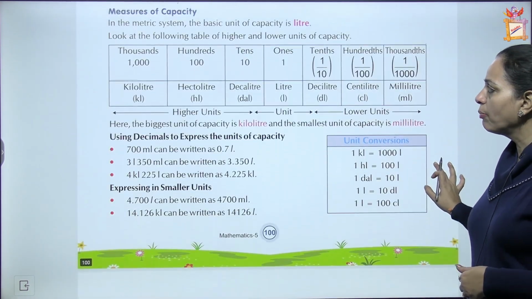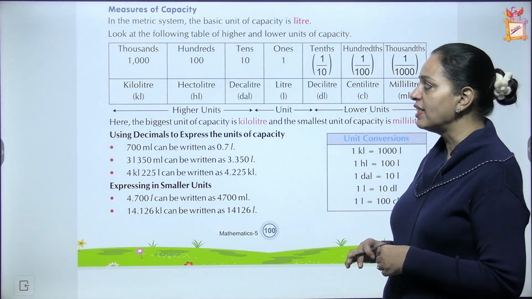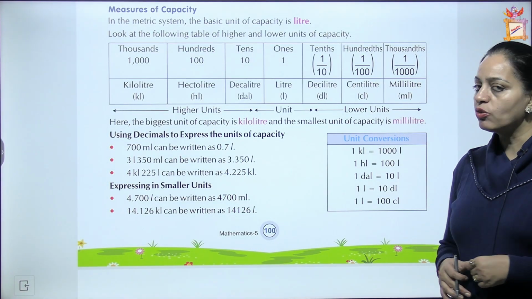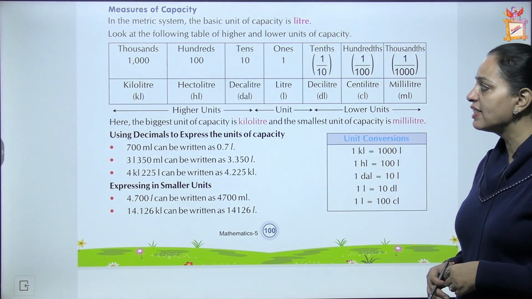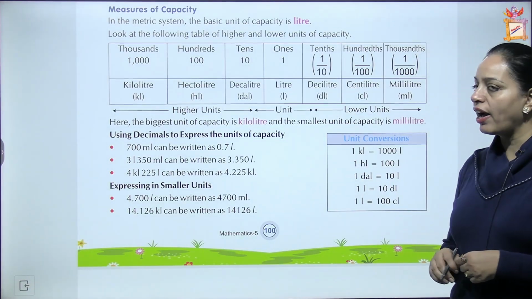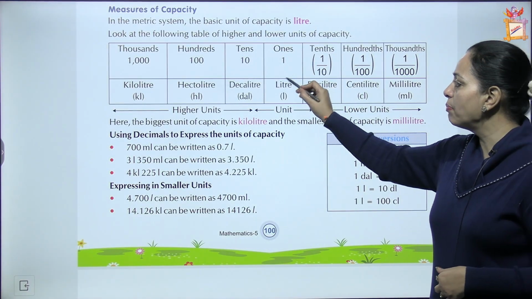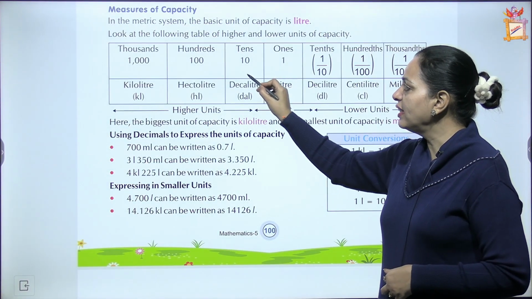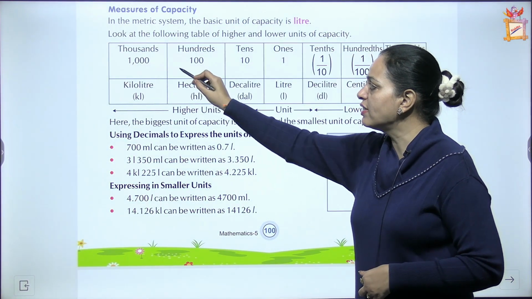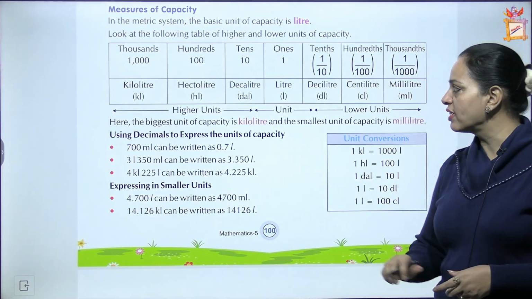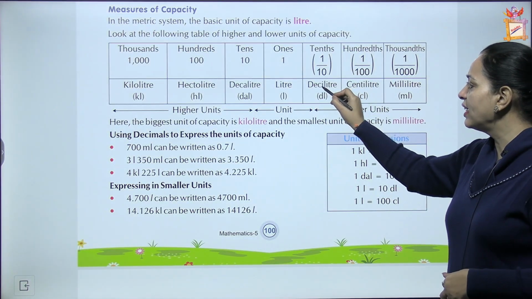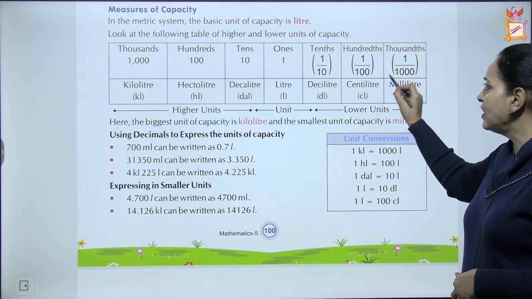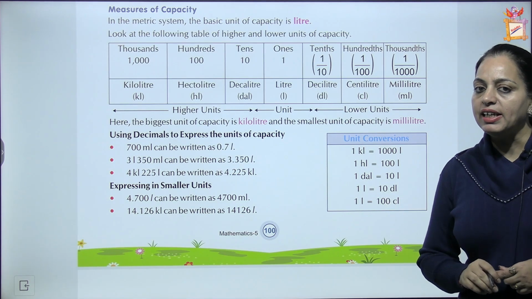The next we are talking about measures of capacity. In the metric system, the basic unit of capacity is liter. So look at this table of higher and lower units. So this is the basic unit, ones, liter, tens, decaliter, hundreds, hectoliter, thousands, kiloliter. And this side, tenth, deciliter, hundredth, centiliter and thousandth, milliliter.